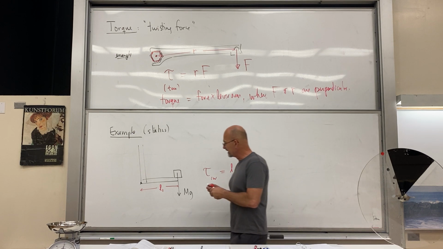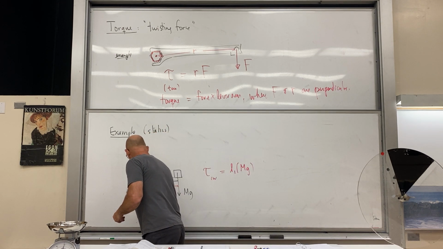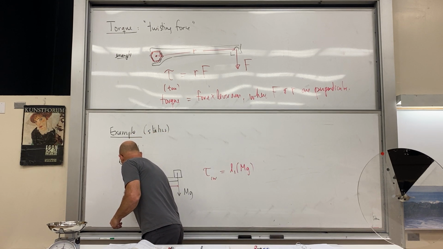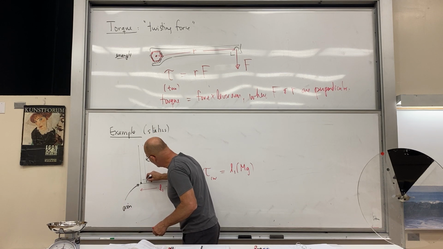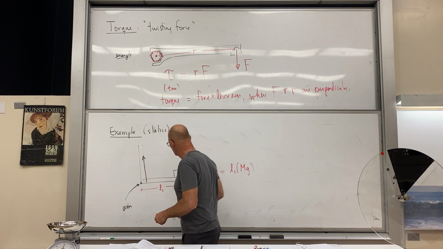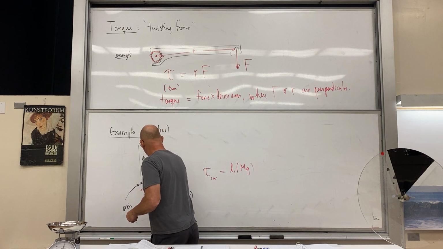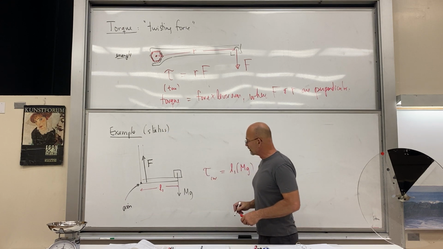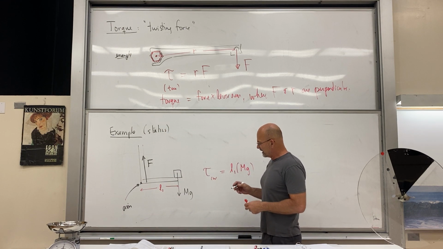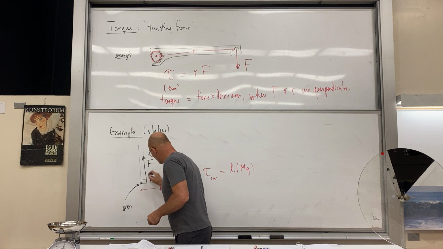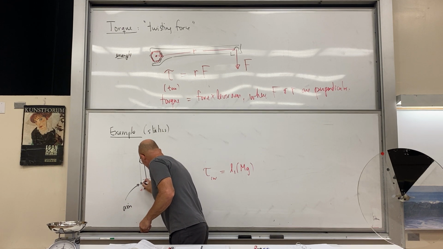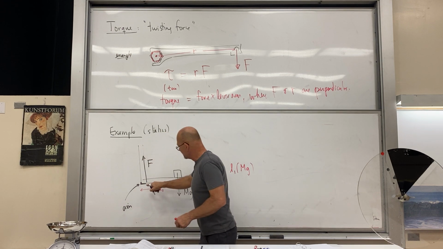Well, how come my arm is not spinning? It's because if this is the axis, let's go ahead and call this the axis, then there is a muscle force that's pulling up that way. I'm just going to call this F. And what is the torque now? The torque is that force times this small little lever arm.